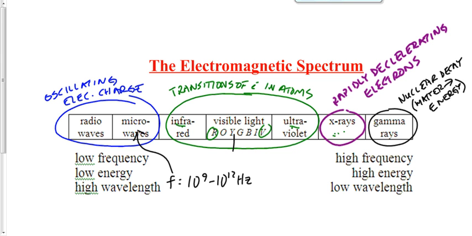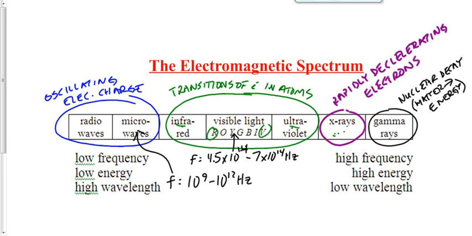Visible light ranges from 4.5 times 10 to the 7, sorry, times 10 to the 14, I should say, to 7 times 10 to the 14. So we got to be a little bit more specific with visible light.